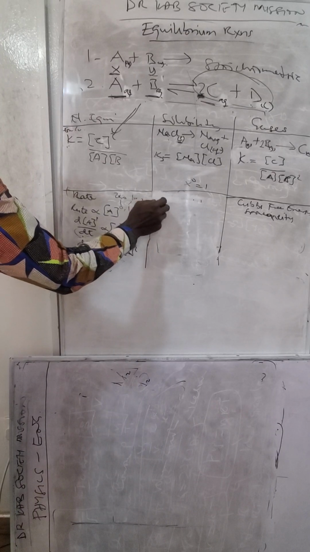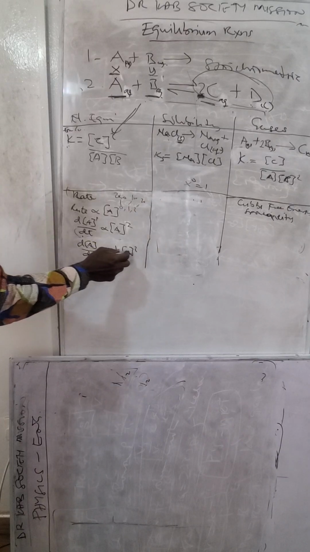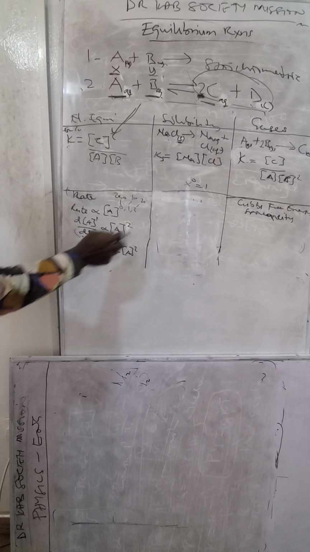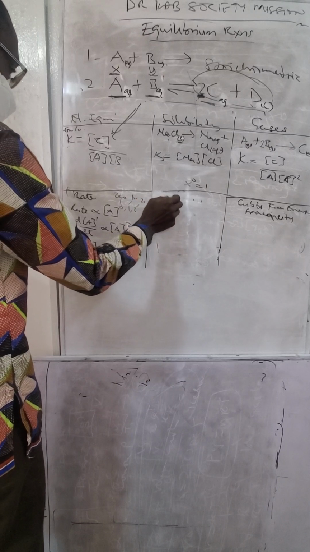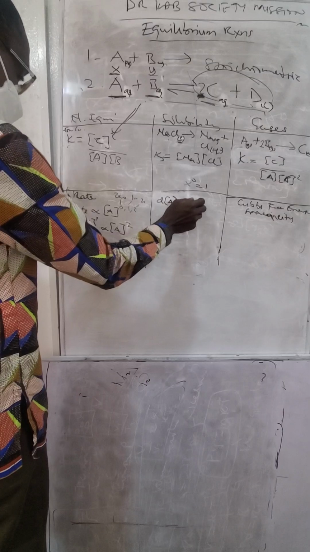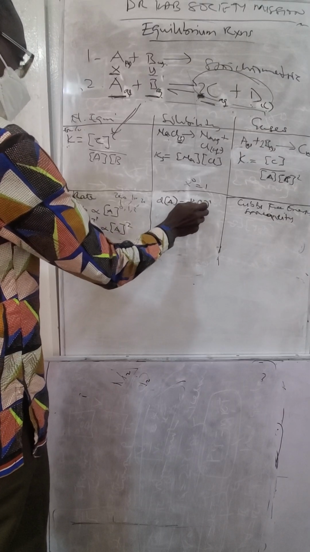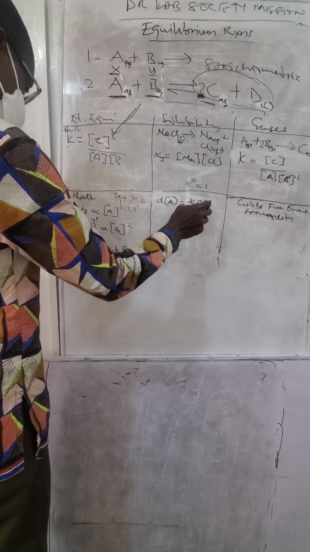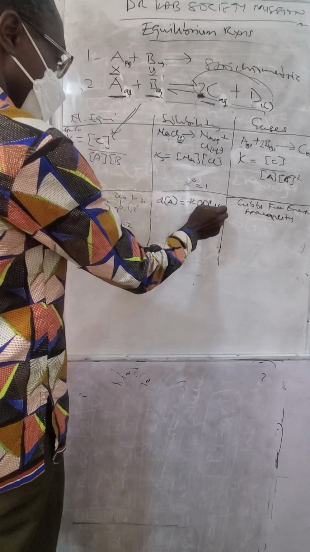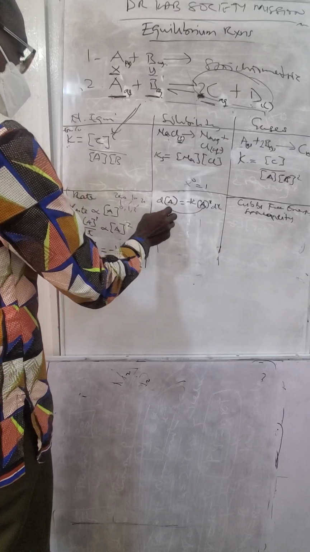Which will become what? We bring dA here, so dA is equal to negative k A squared, and this comes with times dt.